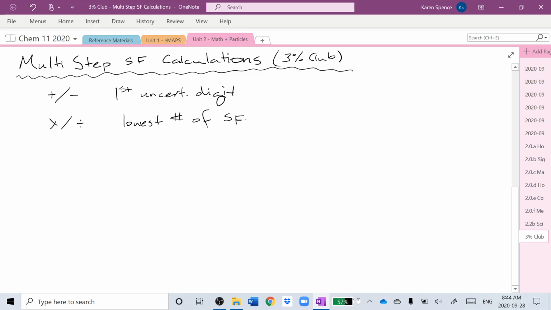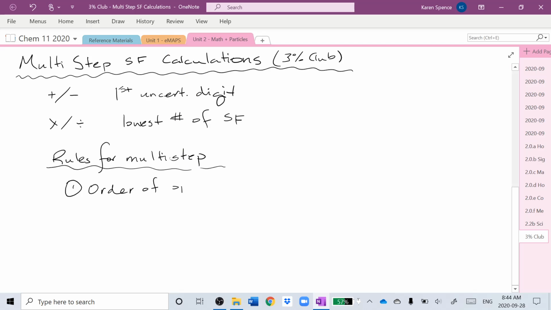Okay? And when we're doing multi-step sig fig calculations, you are going to use the following rules. The first one is you are going to follow the order of operations, which, hopefully all of you know, is BEDMAS: brackets, exponents, division, multiplication, addition, subtraction.